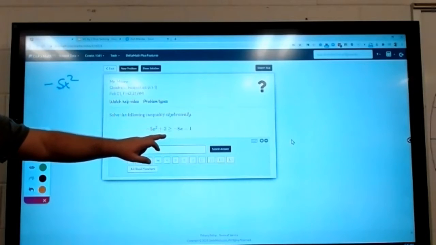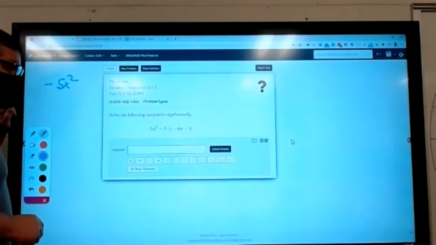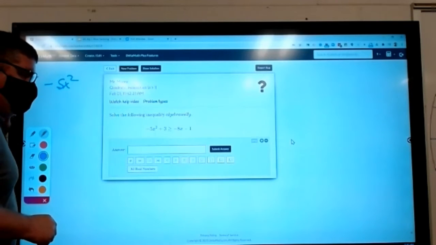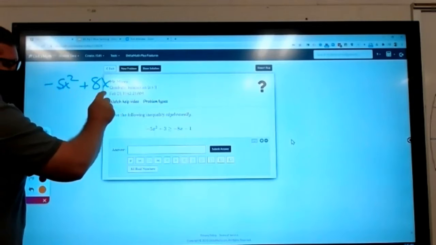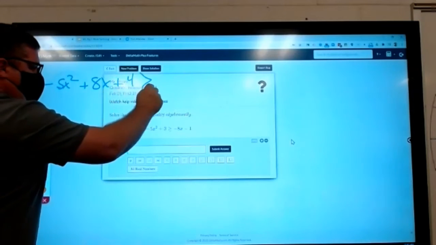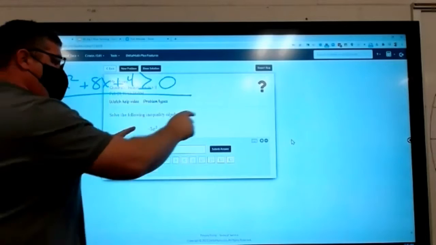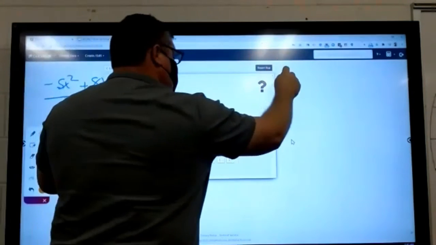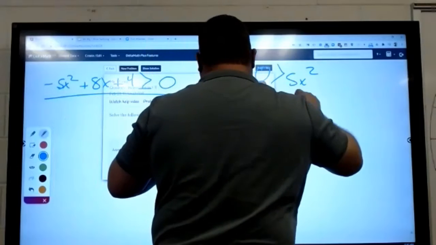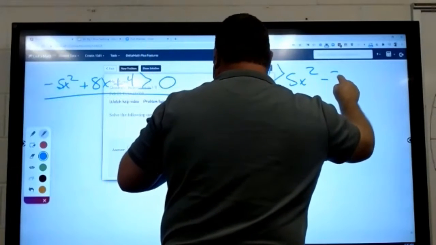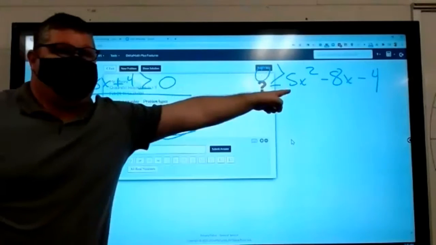-5 on one side and 1 on the other side? Or no, -5x and 1x. Okay, hold that thought. Plus 8x plus 4 is greater than or equal to 0. Would you rather factor that, or would you rather factor this or that?